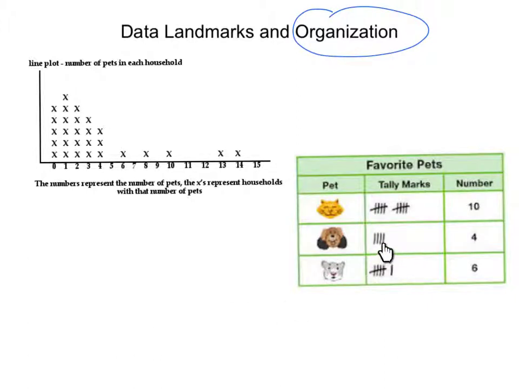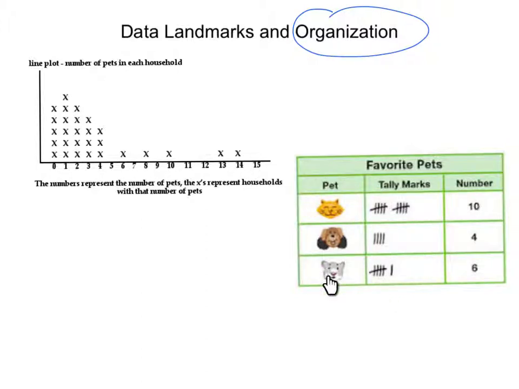and a tally table. So the line plot lists the numbers that you will use in your data and places X's on top representing how many of each number was used in your data. And a tally table marks what you polled.